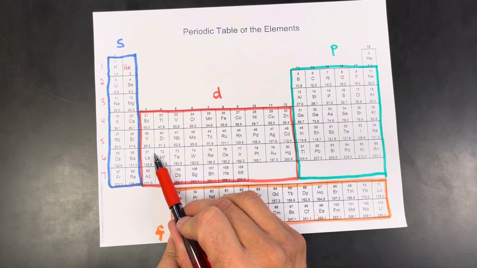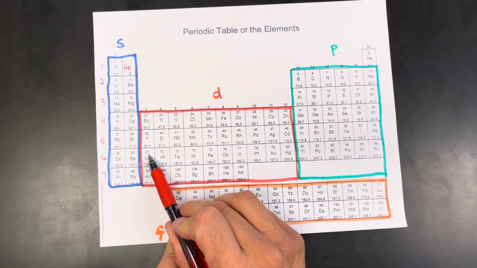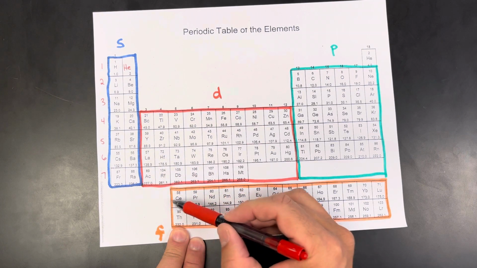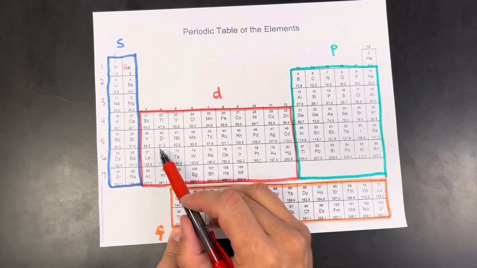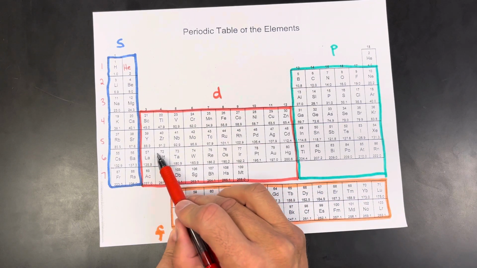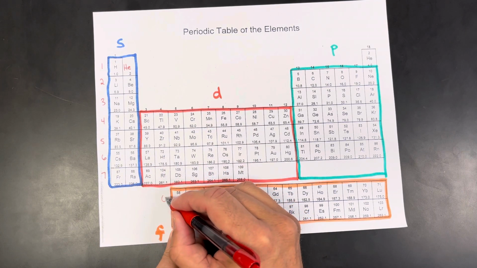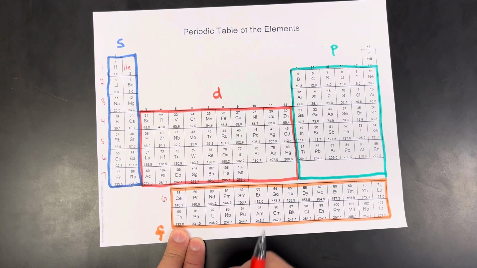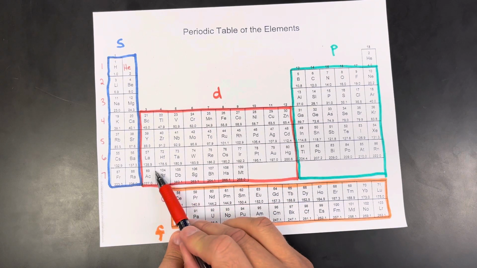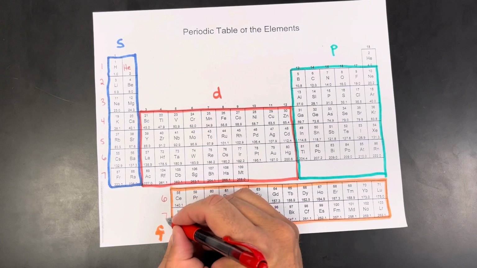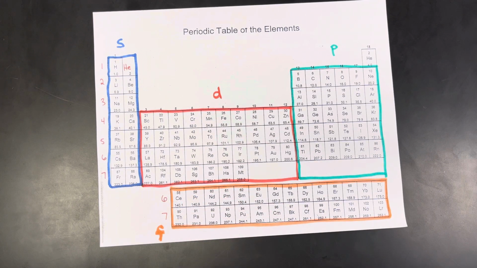And they actually fit right here because this jumps from 57 to 72. Well, this whole first row is actually inserted in between 57 and 72. So if that is part of row 6, this is actually part of row 6 as well. Same thing for here, 90 through 103 gets placed right here, so that's actually part of row 7.